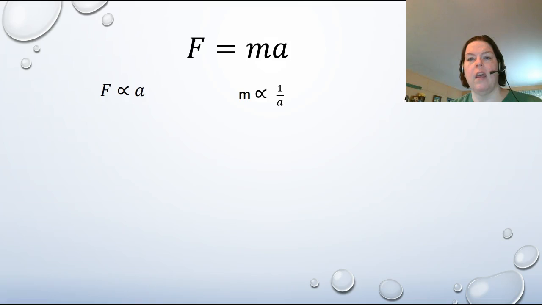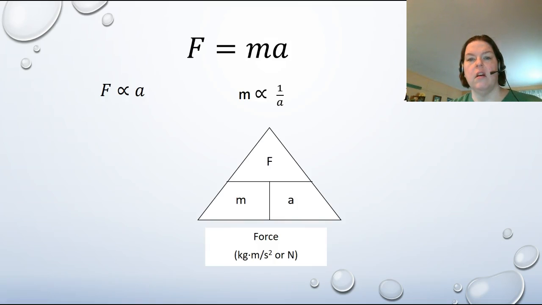If we take all this information and use it, I have a triangle here that helps me with the formula force is equal to mass times acceleration. If I cover up the letter I'm looking for, if I cover up force, for example, I get mass times acceleration. Force is going to be directly related to both of those things.